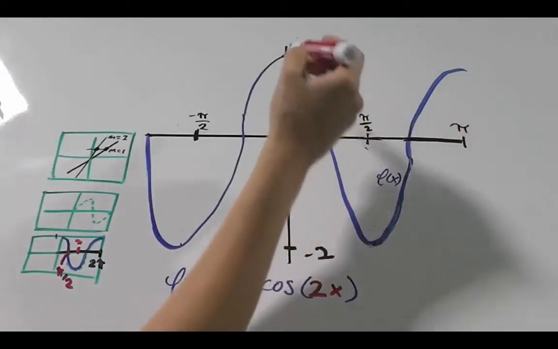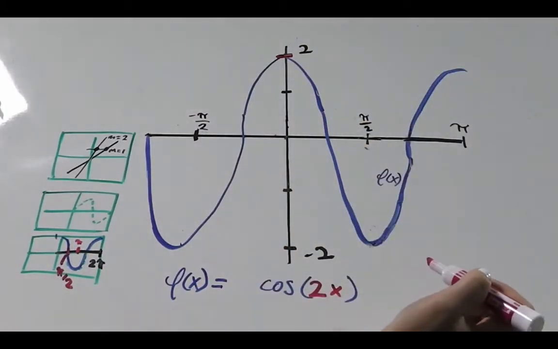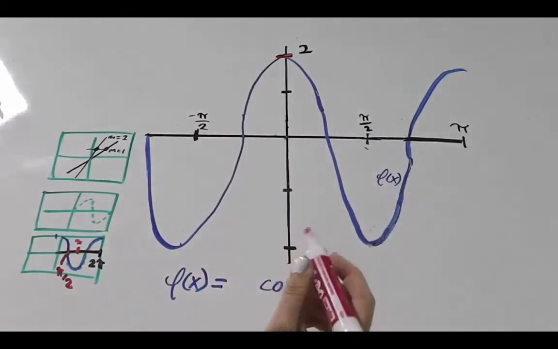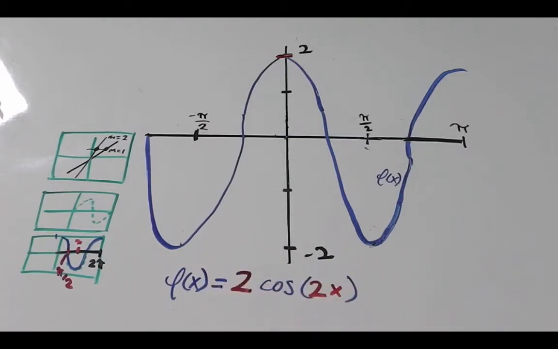Similarly, we're moving twice as steeply as normal because we're getting twice as high when we hit our x equals 0 point. So that implies that the amplitude 2 should go out in front, telling us how steeply cosine is changing.